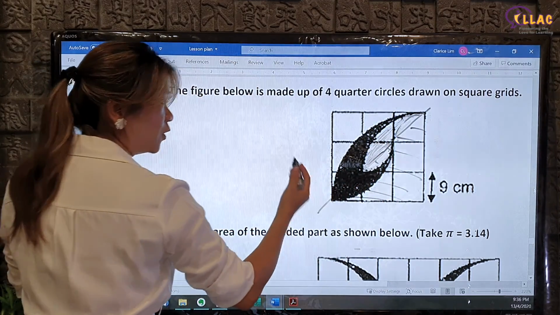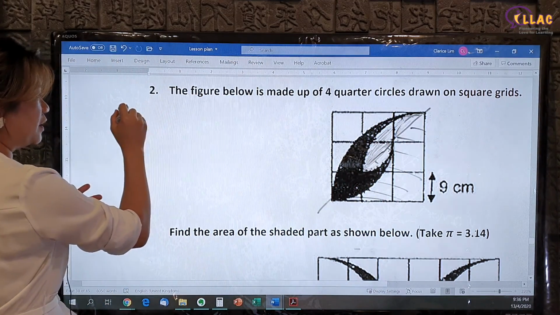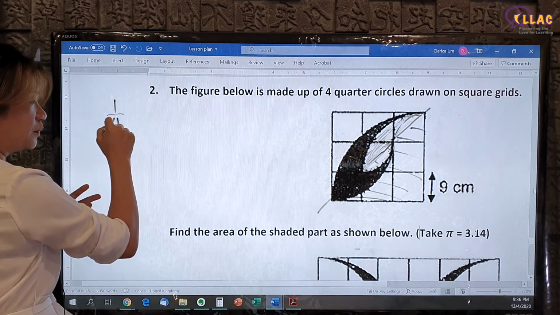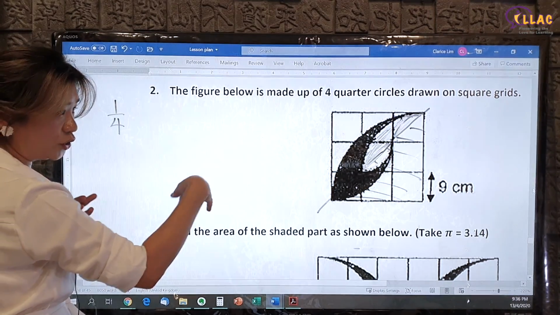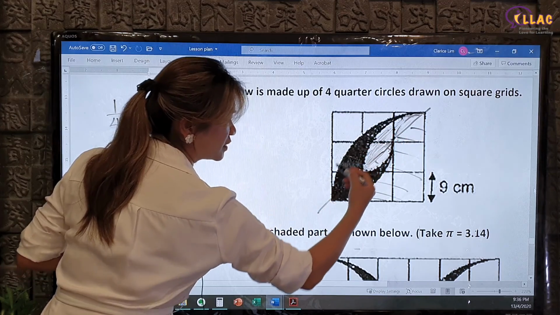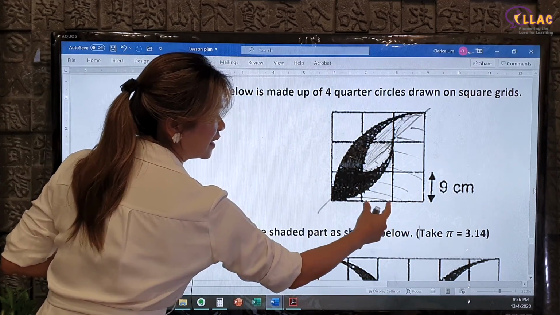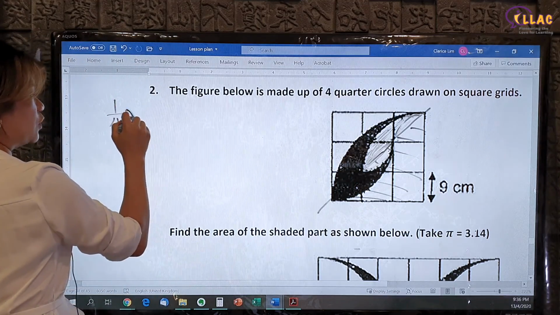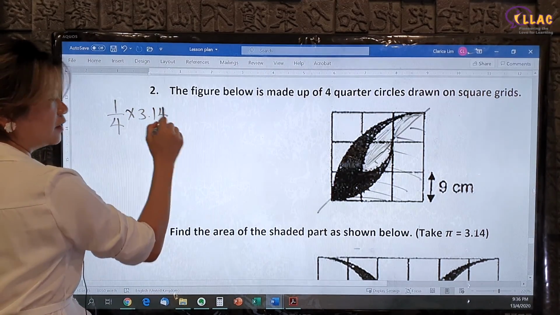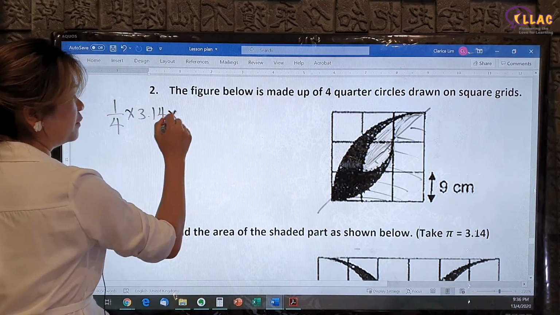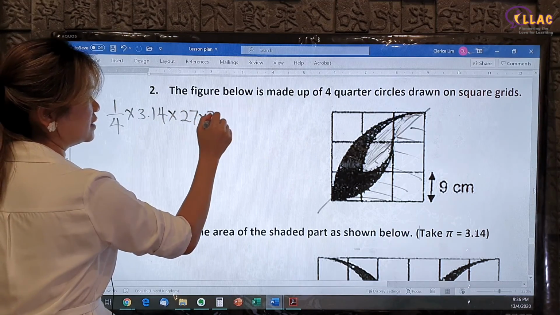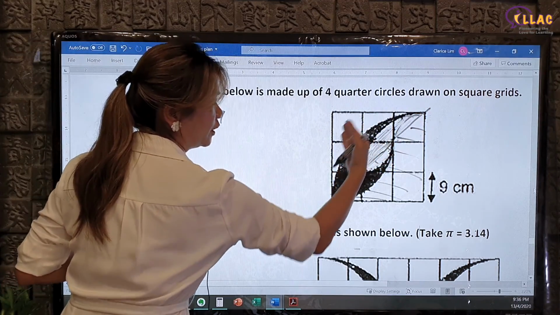Okay, so therefore, the steps are actually very simple. You just have to take 1/4. Why 1/4? Because we're finding a quadrant. The area of this quadrant will be 9 plus 9 plus 9, 27. So pi, take as 3.14 times 27 times 27. This will be the quadrant here.